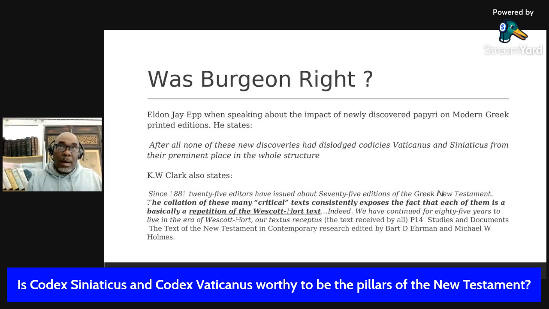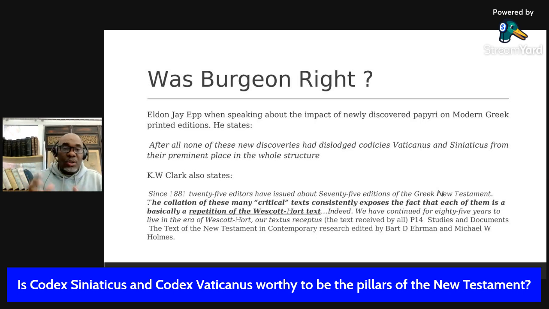What you notice after Westcott and Hort did their printed Greek New Testament is that in the 1930s there were a number of discoveries of papyri, and they give them numbers: P75, P46, P45, P53. They were discovered, but they didn't really have any impact, unless they supported Codex B, which is Vaticanus, or Codex Aleph, which is Sinaiticus. That's the only thing it actually influences. But you don't find them saying, okay, let's go for the P75.